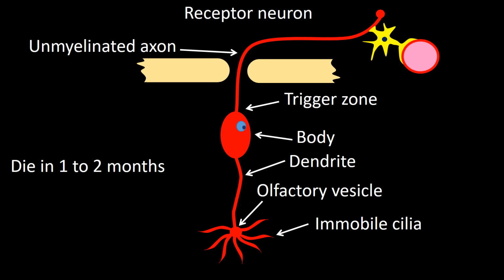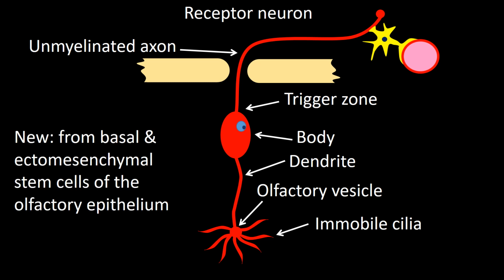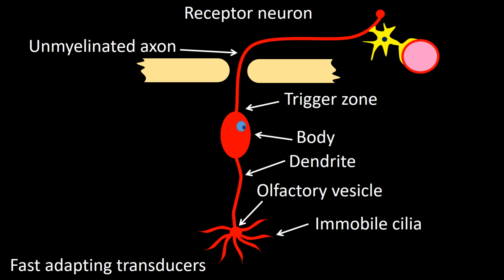They also have the distinction that they die in 1 to 2 months. But on the bright side, they are replenished by the transformation of basal cells and olfactory ectomesenchymal stem cells present in the olfactory mucosa. They also have a very beneficial quality: fast adaptability.